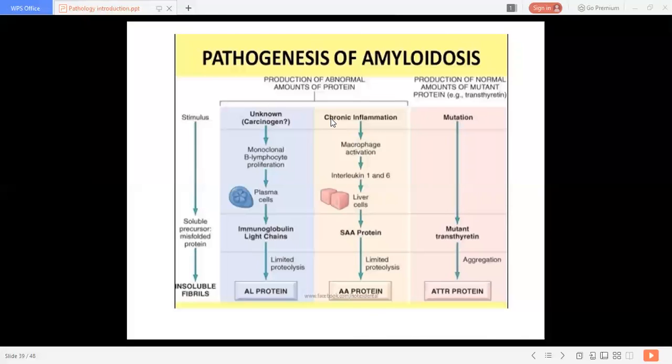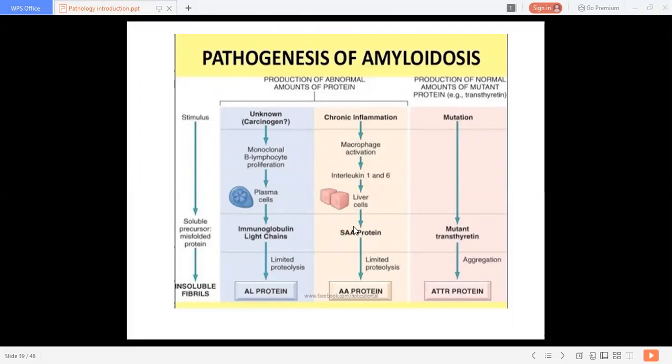At the first stage, because of the stimulus, there is activation of macrophages. These macrophages release certain cytokines or chemical mediators such as interleukin 1 to interleukin 6. These cytokines are stimulated by the macrophages, and there is formation of serum amyloid associated protein in the liver cells.